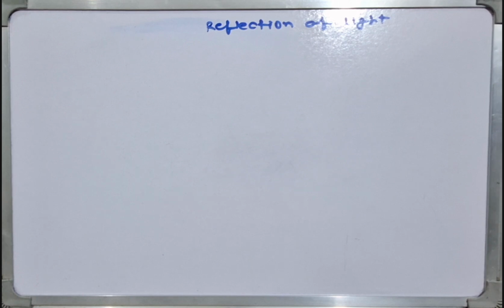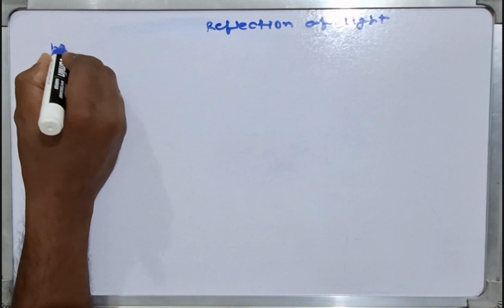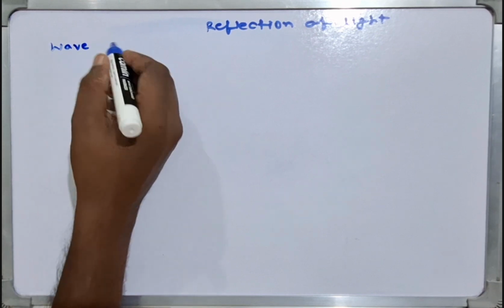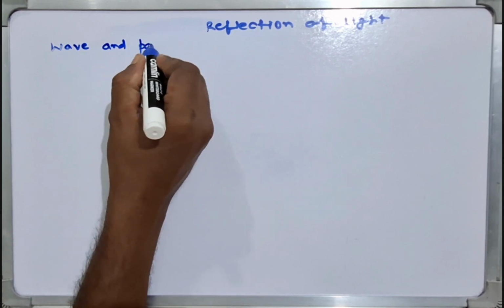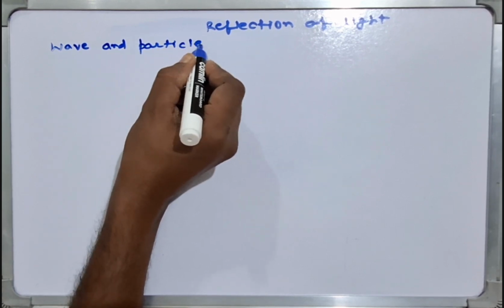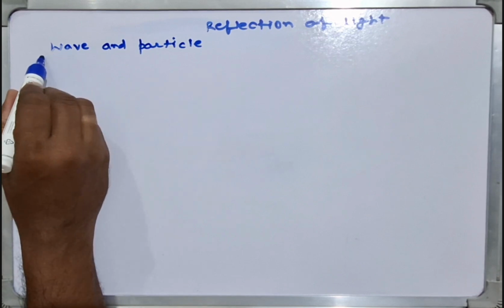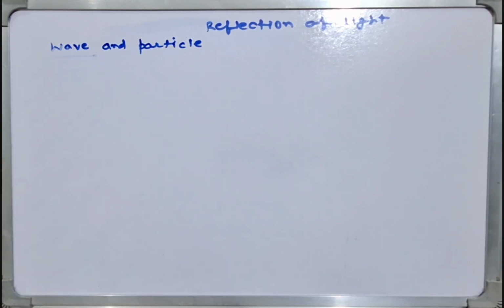Now you have heard that light shows dual property. Dual property means it will show as a wave as well as a particle. First of all, you should know what is meant by a wave.